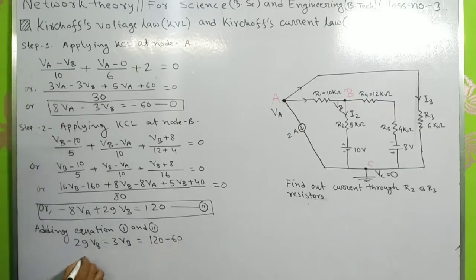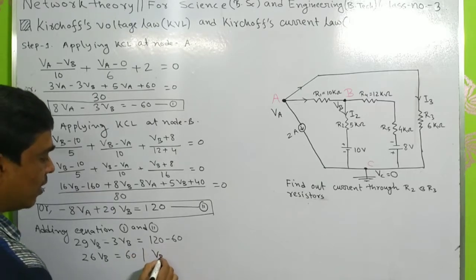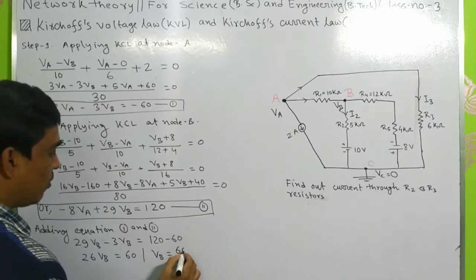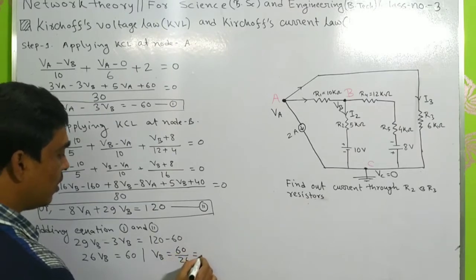So it will be 26VB equals 60. So VB equals 60 divided by 26.